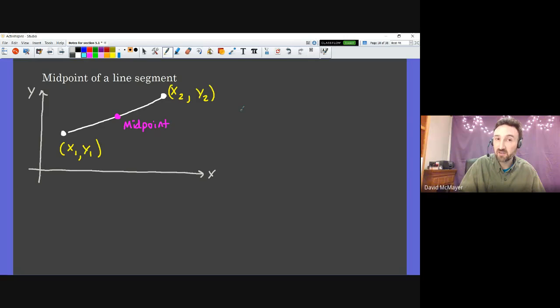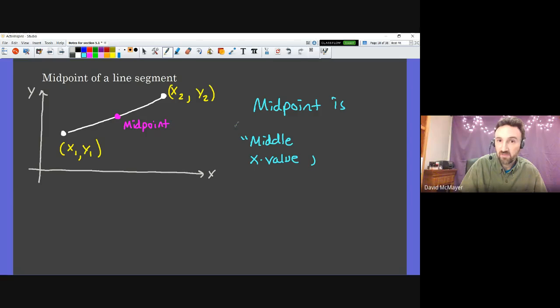But it's really the middle of the x values and the middle of the y values. So I want you to write down the midpoint is, and then we're going to have two phrases here, middle of x value, or the middle x value, and then comma, the middle y value.